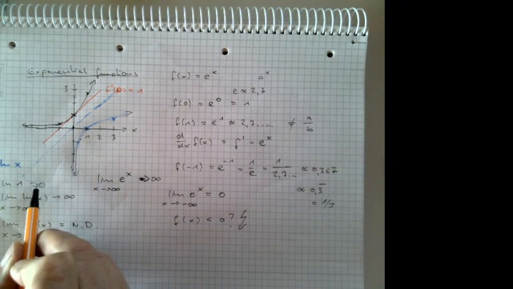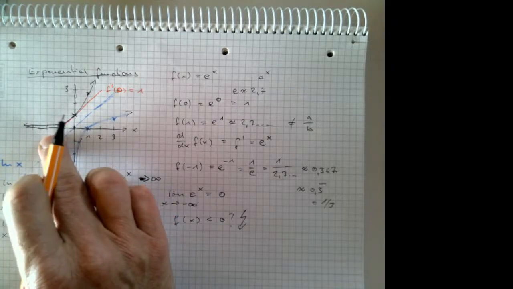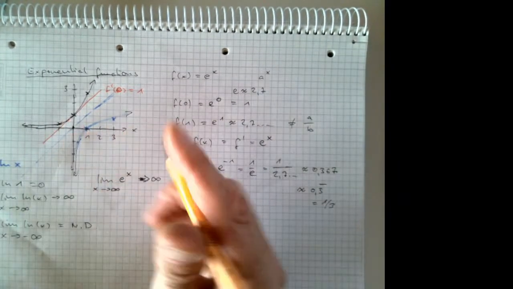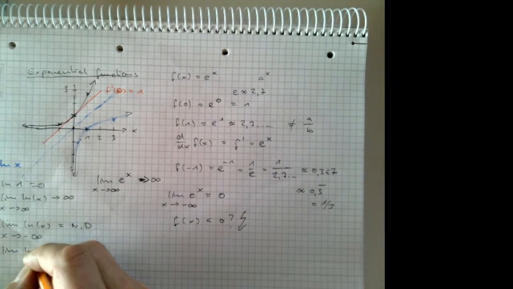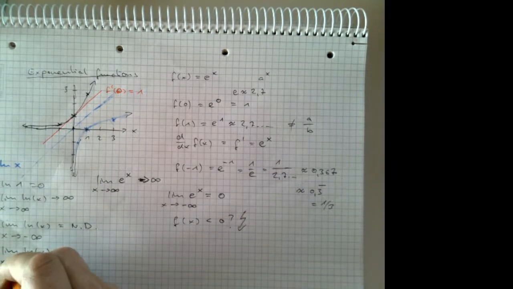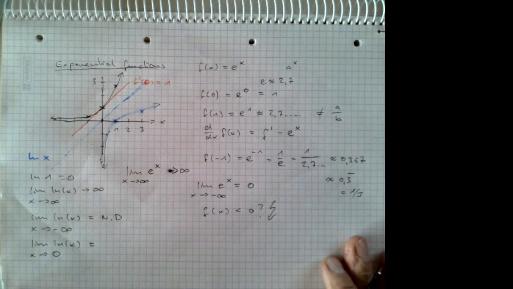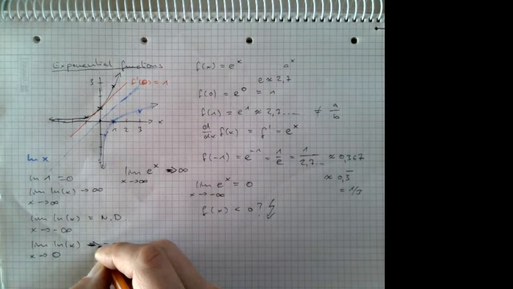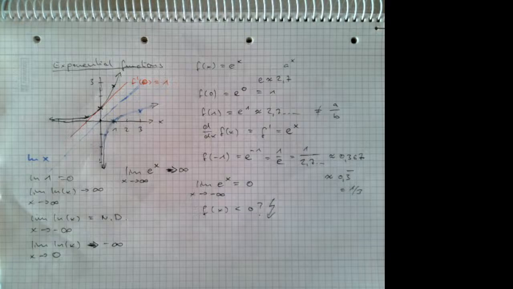The negative numbers do not belong to the domain of the logarithm. But we can say, what is the limit of ln x as x approaches 0? Negative infinity, right? Okay, like this. Good.